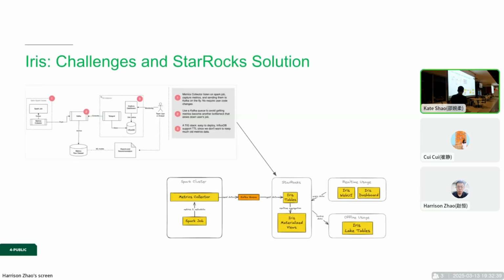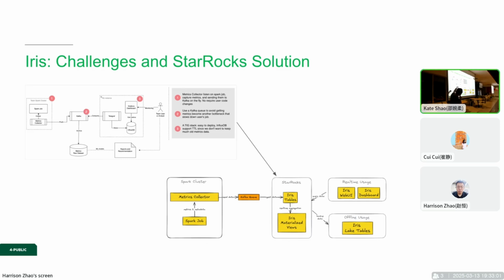Before that, I want to share what the architecture of Iris looks like. We built Iris 2 years ago. We start to collect information from Spark, and we store the data somewhere to allow the user to access the metrics.